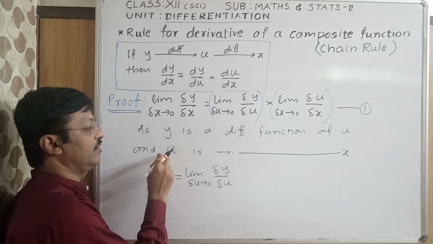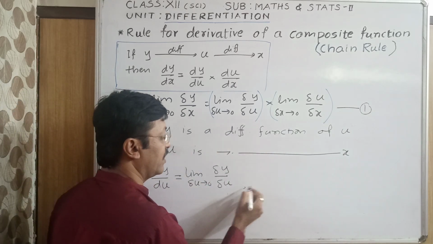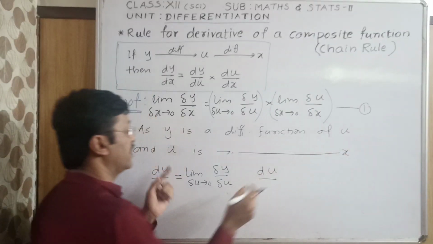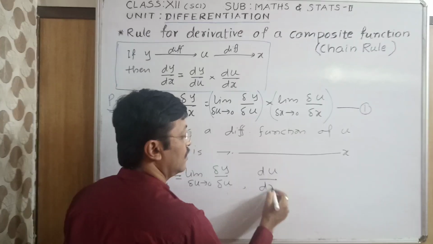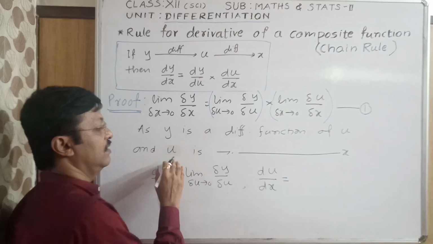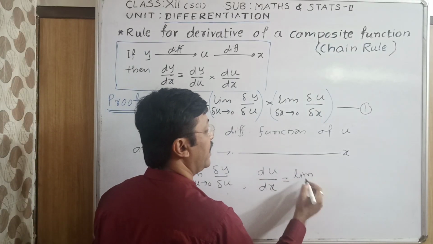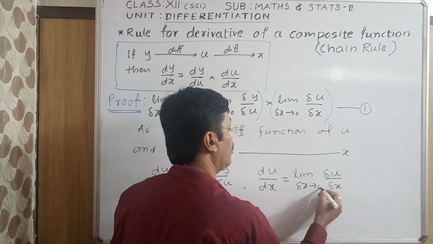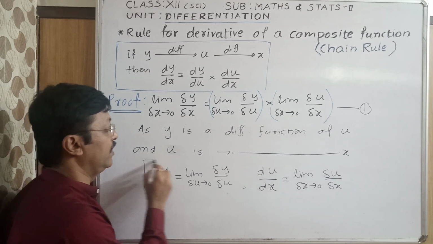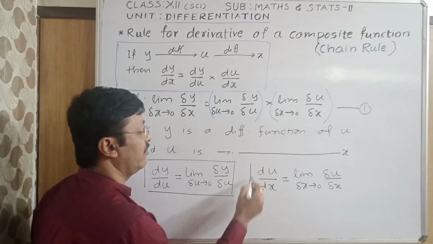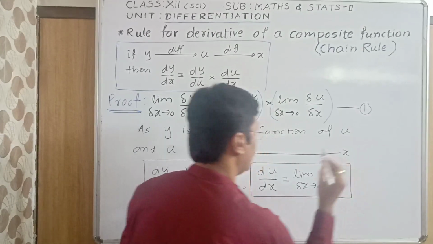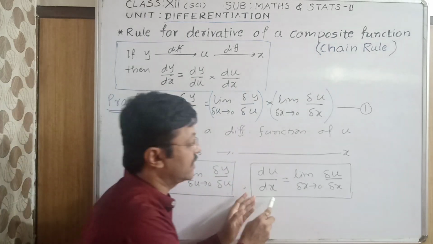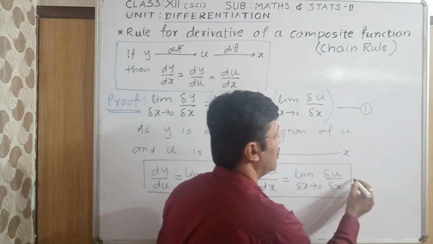Similarly, u is a differentiable function of x, that means I can find du by dx, and if it exists, we write it as limit delta u by delta x as delta x tends to 0. This is the standard formula of derivatives. So we can write dy by du and du by dx like this. I will consider these as number 2.